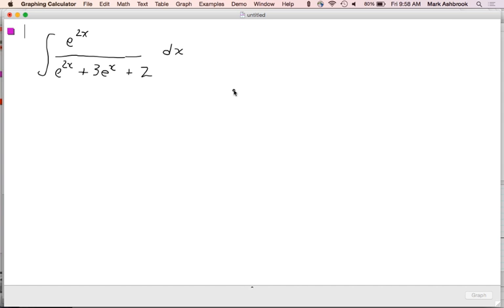Do you see that? Because the denominator is kind of like a quadratic, right? It's just got all these e's. So what we're going to do is change the variable so that it is truly a partial fractions problem like we're used to. So this is called the change of variables technique.